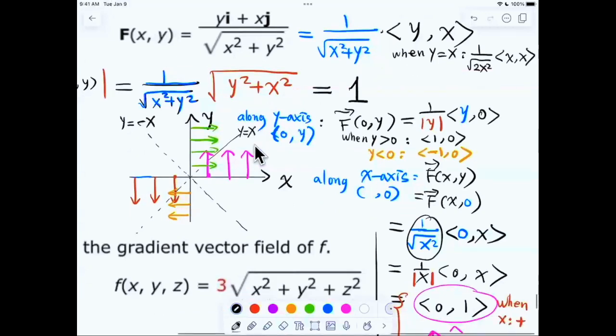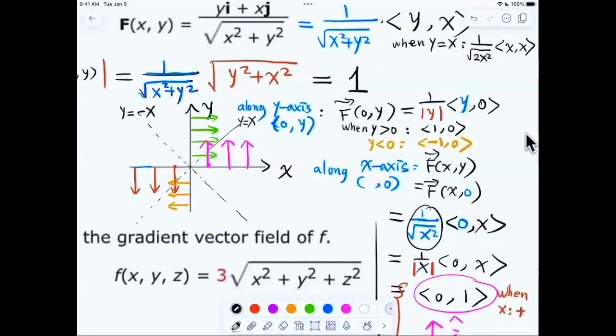So that is 1 over square root of 2, and that will be x over the absolute value of x. So when x is positive, this is going to be 1, 1, but times 1 over square root of 2, right?